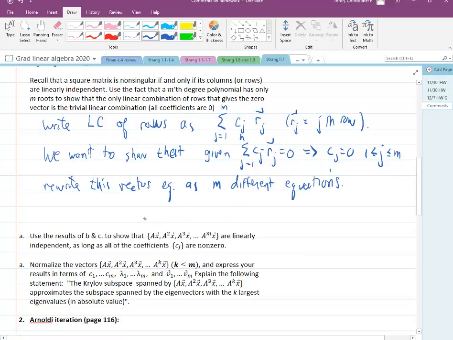All of these equations can be expressed as p of x equals 0 for some value of x.